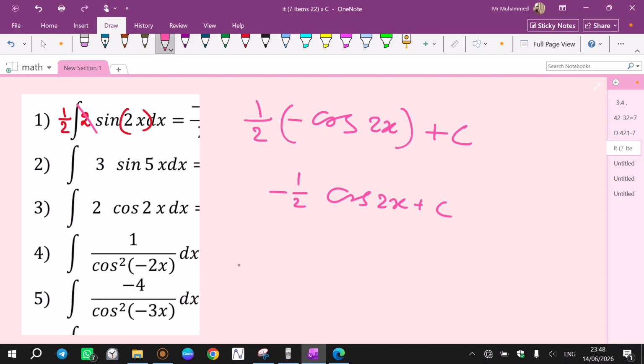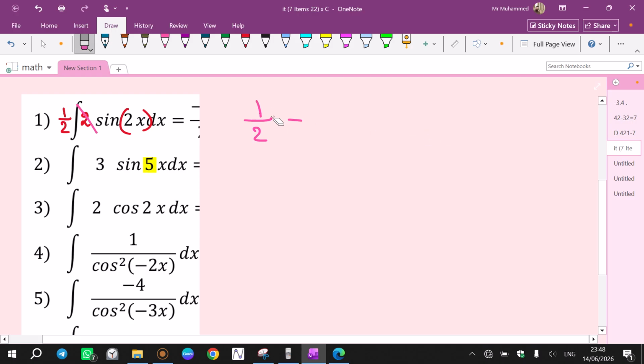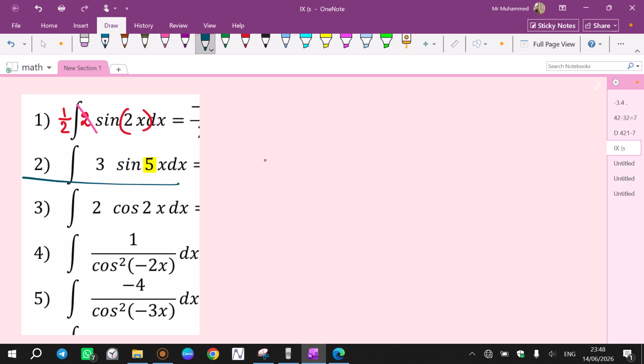Now look at question 2. Derivative of inside is 5, but I have a 3 outside. This 3 outside stays outside, doesn't interfere at all, stays until the end. So question 2, the 3 stays, integral sine 5x dx.